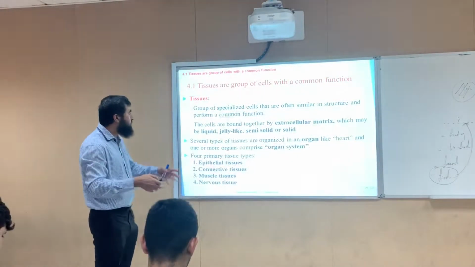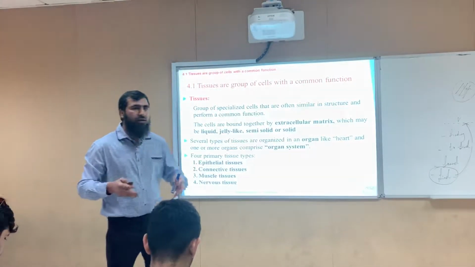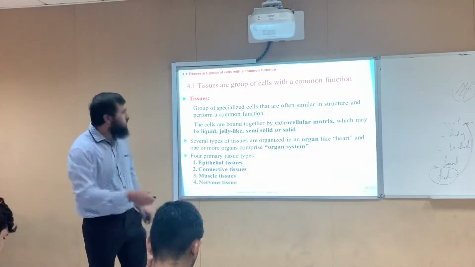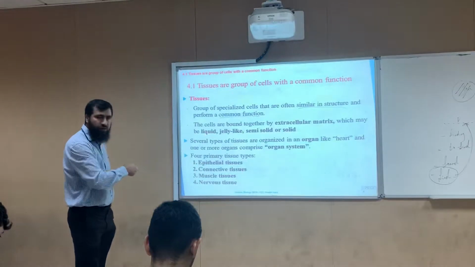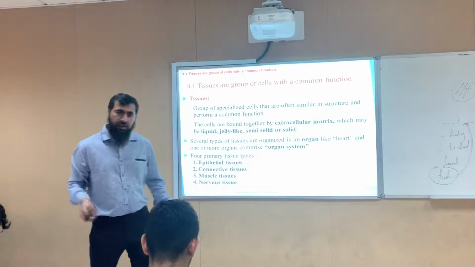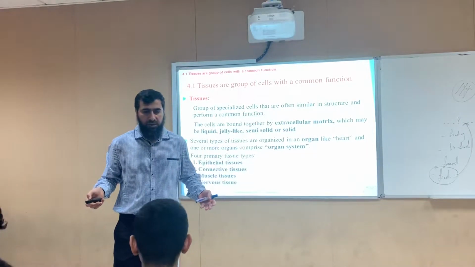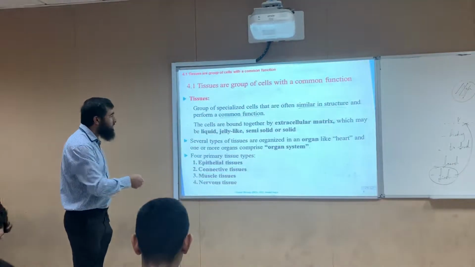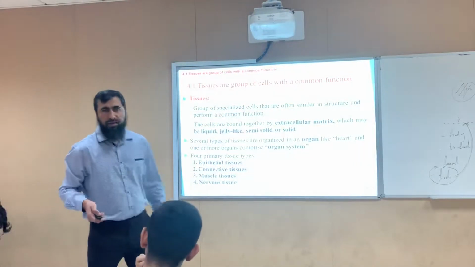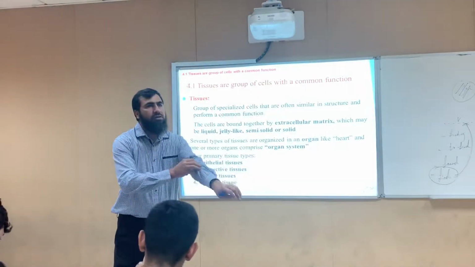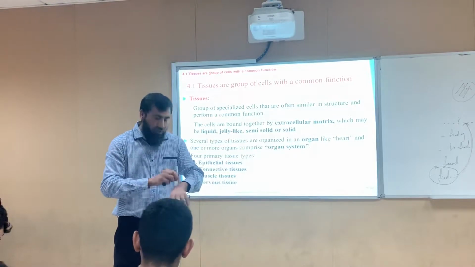Now, surrounding tissue, we find something called the extracellular matrix, so outside of the cells. And usually this helps to make up the consistency of the tissue. So it could be in the form of liquid, like in blood. Blood is a connective tissue, so the extracellular matrix in blood is liquid, okay? Or jelly-like in some connective tissue, like areolar connective tissue under your skin.